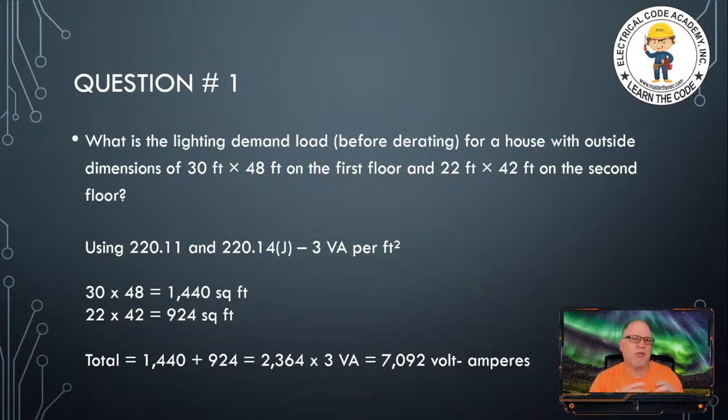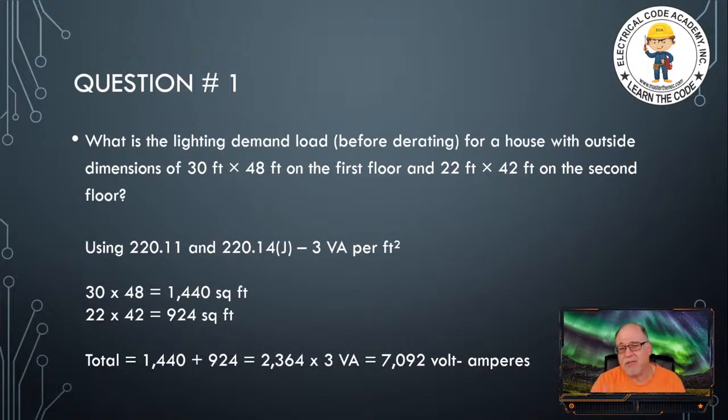Now, where did the dwelling information go from the 2017 to the 2020? Well, it used to be again in 220.12, and the table, which was a general lighting table, used to say 3 VA per square foot for a dwelling. Well, that's no longer in the table anymore. It's been moved to 220.14(J), and that's where it really needed to be because that was dealing with dwelling units.